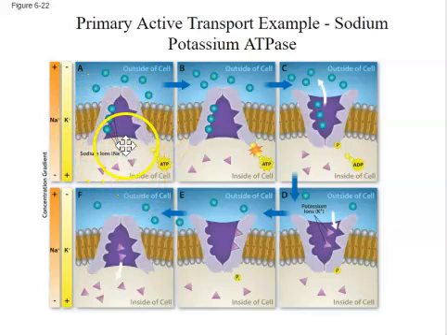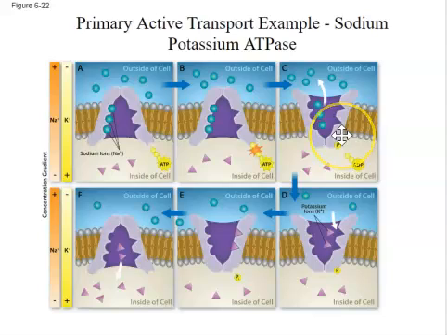So the sodium ions in this scenario are attached to the inside of the protein, and that then attaches to ATP. So 3 sodiums attach, then ATP attaches, then ATP is hydrolyzed, where a phosphate group breaks off the ATP, leaving ADP and a phosphate group, and the phosphate group is now attached to the protein.